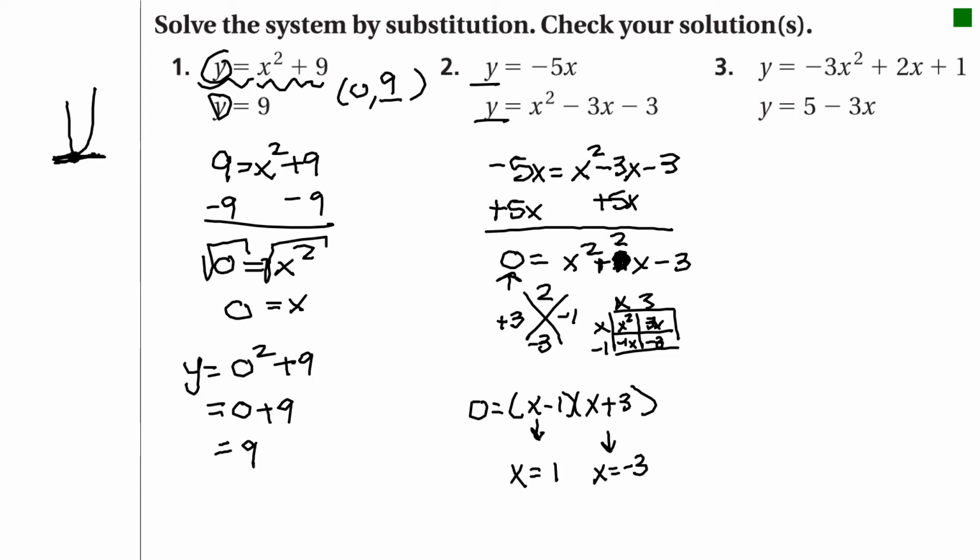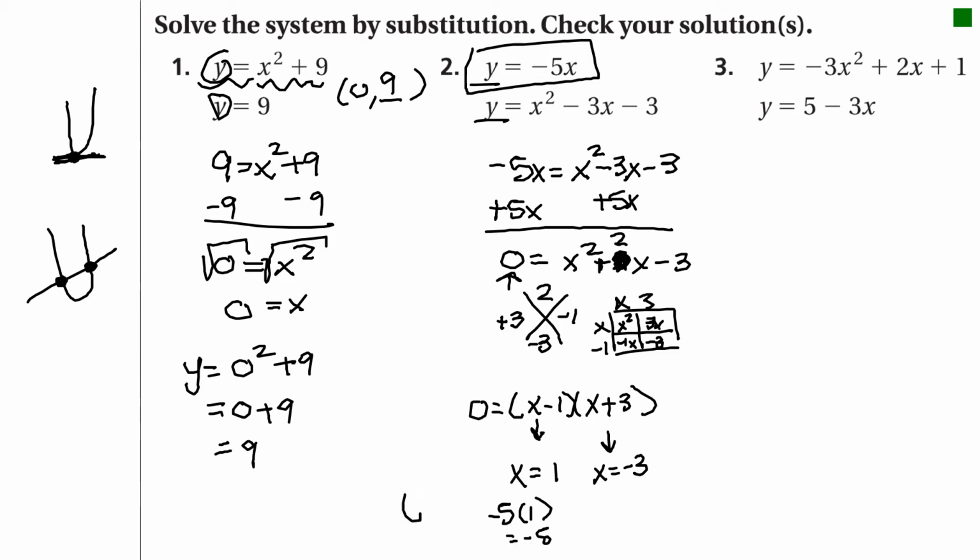Not done yet. Adding one more thing to it, we have to find out what the y values are for this. Here's what we have going on so far. We know that this is going to cross at 2 different points. We've only found those x values of those 2 points. So we're going to plug x back in. And I'm going to look at plugging it into the line up here. So negative 5 times 1 is negative 5.